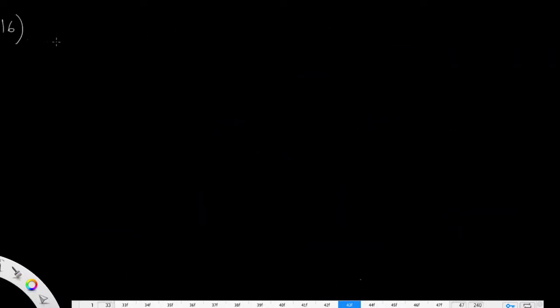Question number 16. f(x) equals sin square x plus 2 sin x plus 3. This is the type 2 concept, Nana. Yesterday we learned, this is converted to a single variable term, then proceed.